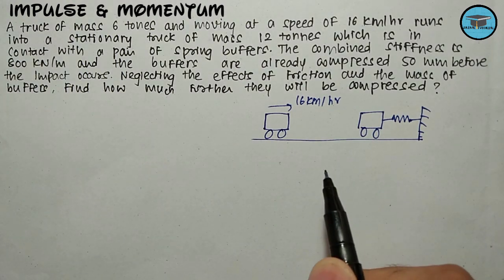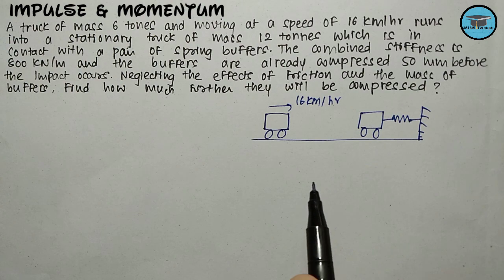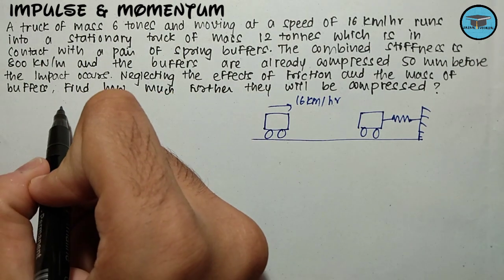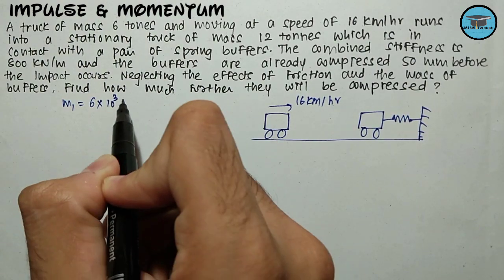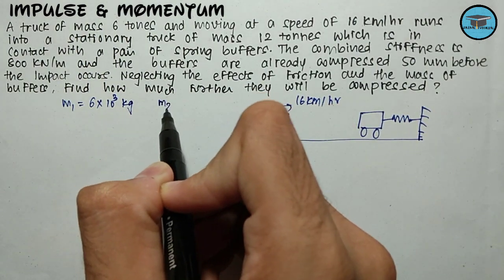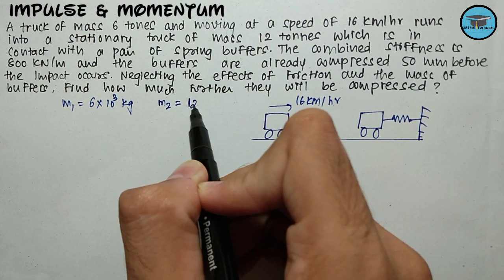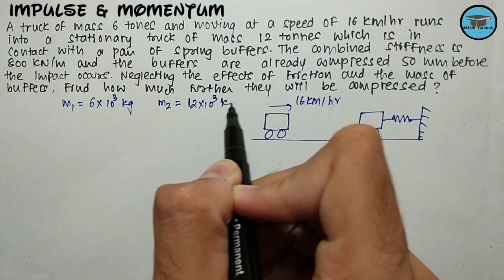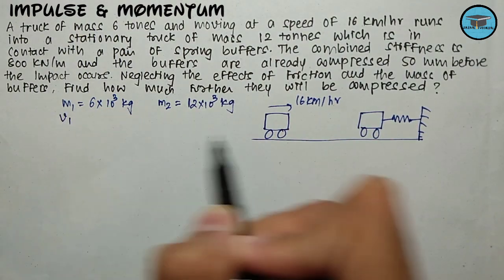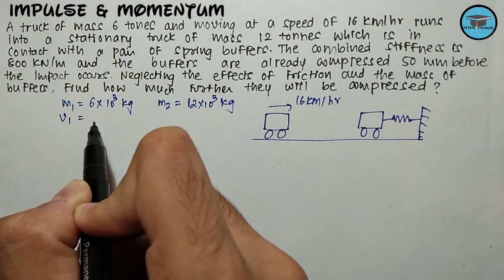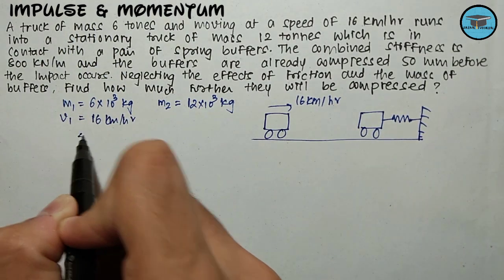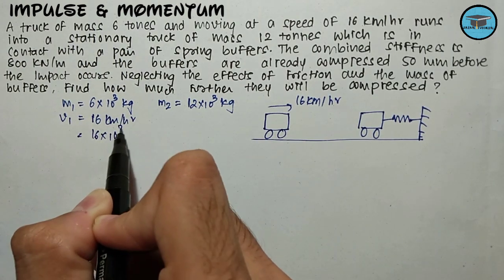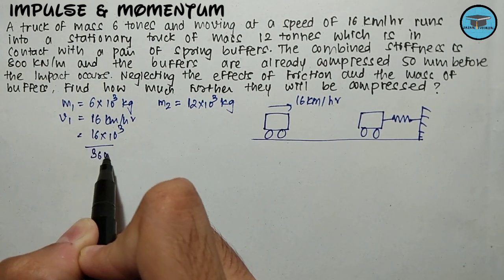First of all, let us note down the data which has been given here. Let us consider M1 as 6 tons, that is 6 into 10 raised to 3 kg. M2 as 12 tons, that is 12 into 10 raised to 3 kg. V1 as the velocity of this truck, given as 16 km per hour, that is equal to 16 into 10 raised to 3 divided by 3600.